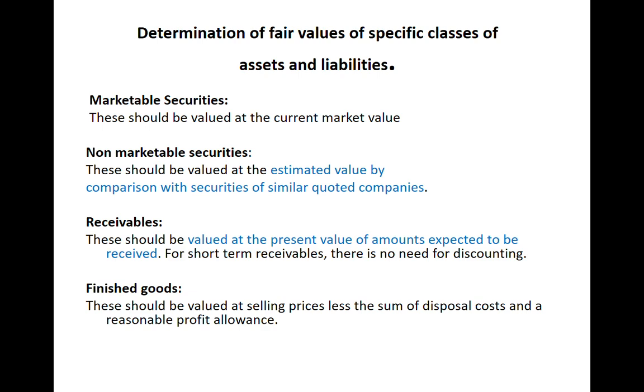Then finished goods. The finished goods should be valued at selling price less the amount of disposal costs and the reasonable profit allowance. So you look at the selling price and take away all the disposal costs that are involved in having the product finished or laid off the shelf.